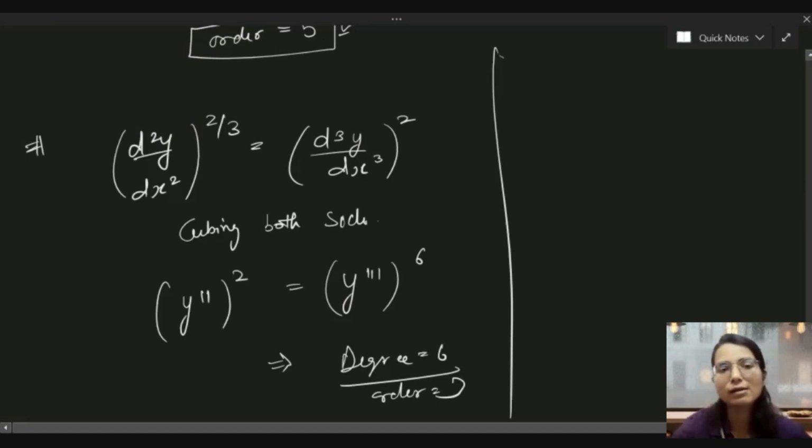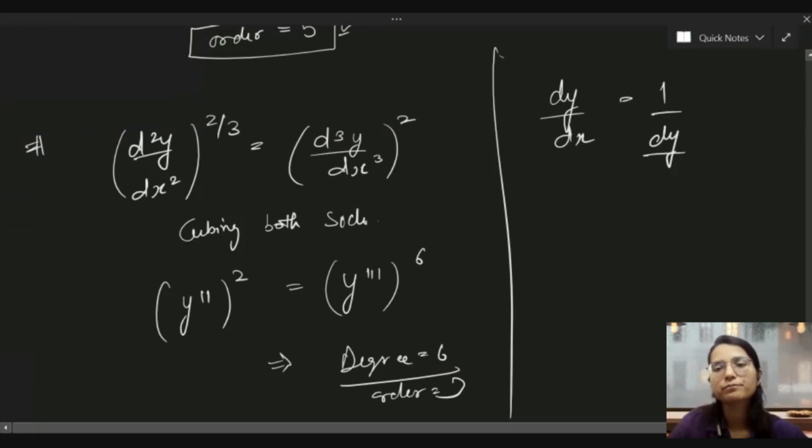I'll give you one last example of how to free a differential equation from radicals. For example, you have a differential equation like this. Now someone asks you what is the degree of this differential equation. This differential equation is in fractional form because you have a numerator and a denominator. You can't leave it like this because this is a derivative and it can't be in a fractional form in the denominator.